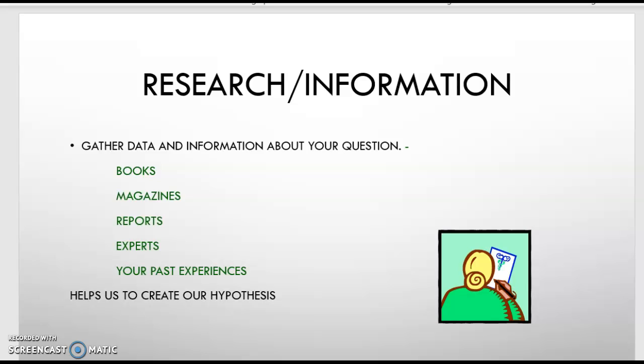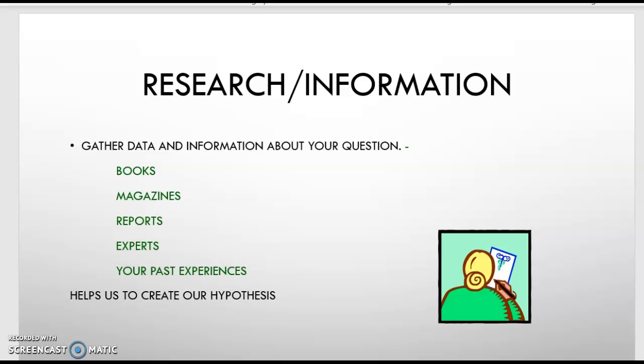Now that we have our problem and our question, we need to do some research. We need to gather some background information. There's several different ways we can do that as student scientists. We can go to the library, whether at school or out in town, and look in books.